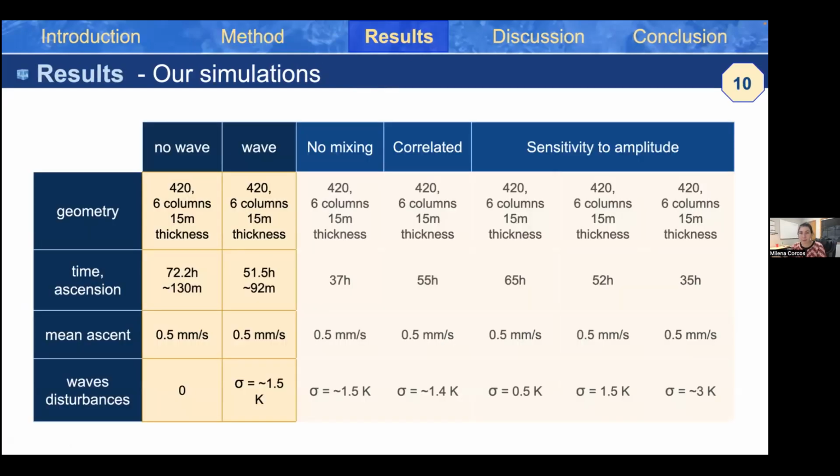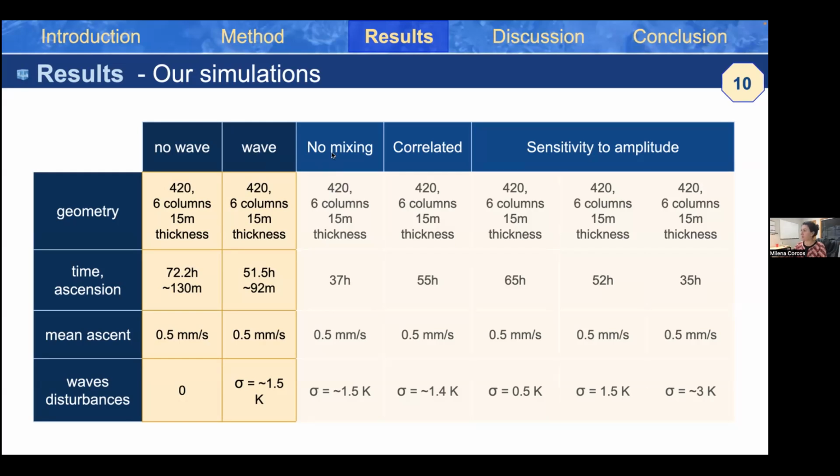So we ran many simulations, two main ones that had the same geometry with and without the waves to assess the impact of the waves on the ice crystal population and the air parcel dehydration. But we also looked at the sensitivity of our results to different parameters.